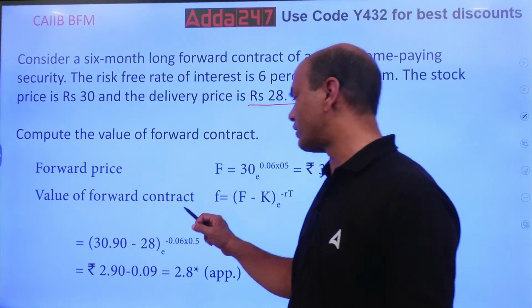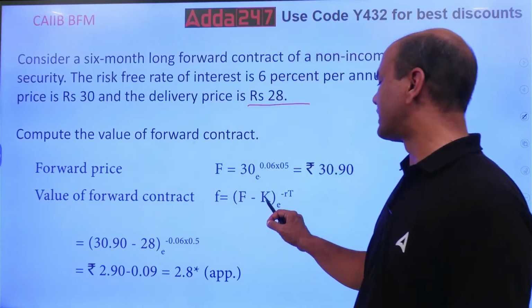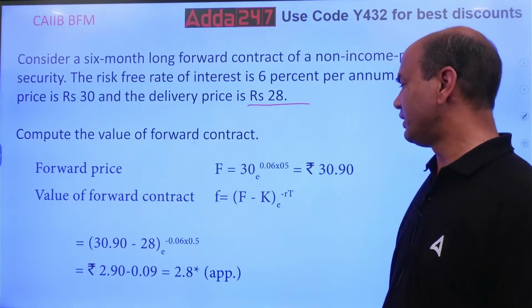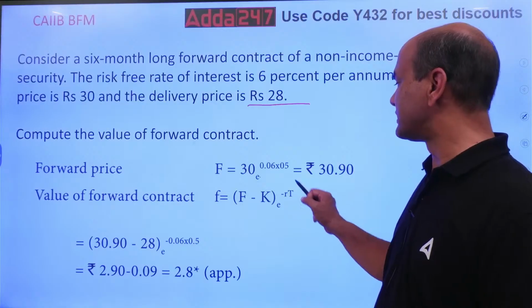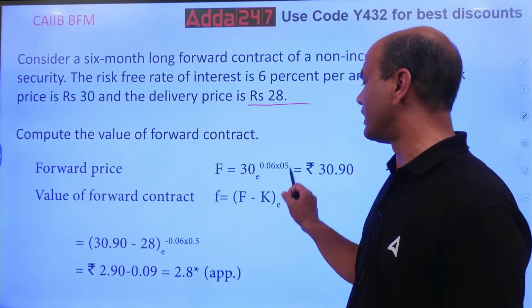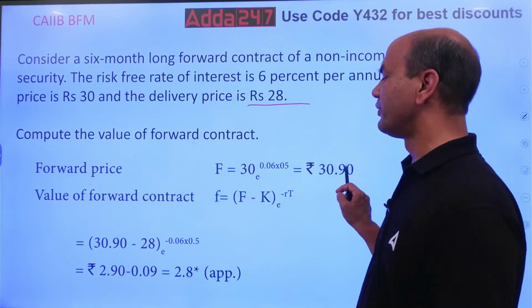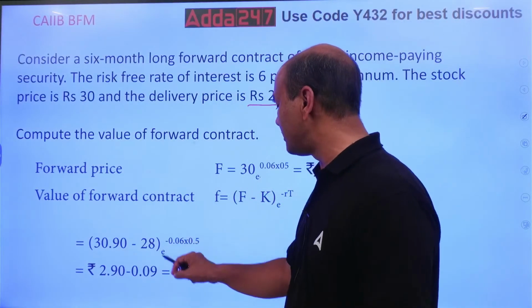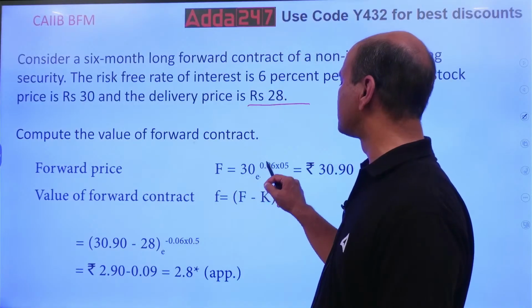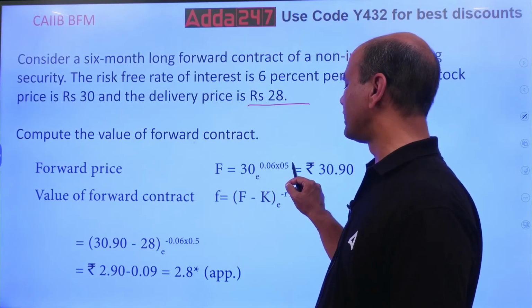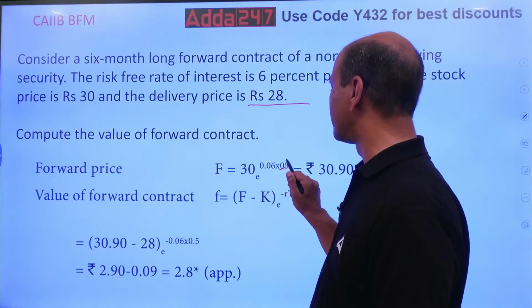So the value of the forward contract is (F minus K) into e raised to minus RT. F is 30.90, which you had got, minus 28 into the same equation again, e raised to minus RT, means 0.06 into 0.5.